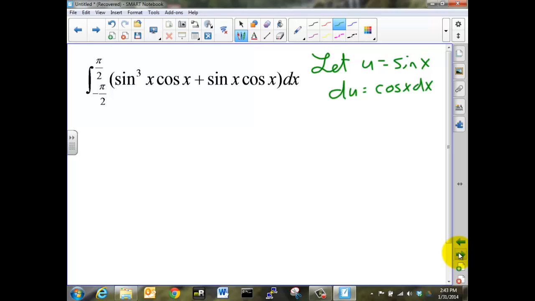All right. The problem is we've got 2 cosines in here. I think Brandon said that back a while ago also. What if we factor out a cosine, and to make it look like what we're trying to integrate, I'm going to write the cosine x dx over here. Okay? So then that's going to leave me with sine cubed of x plus the sine of x.